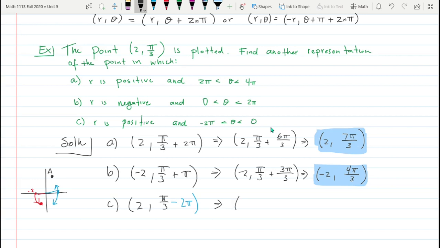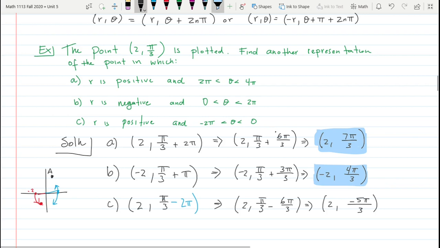So 2, comma, and then we need common denominators, right? So pi over 3 minus 6 pi over 3, and this is going to give us positive 2 as the radius, and this is negative 5 pi over 3.